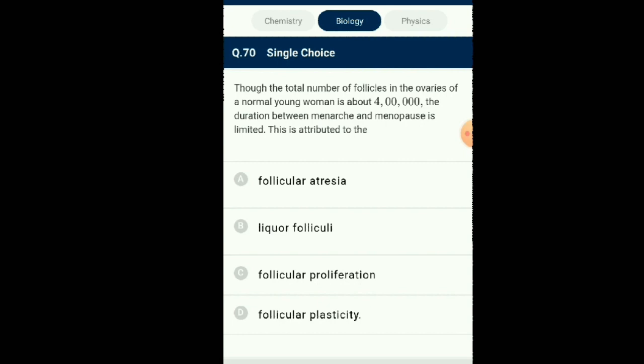This degenerative process of follicles is called follicular atresia, and such follicles are known as atretic follicles. So the answer is option A, follicular atresia.